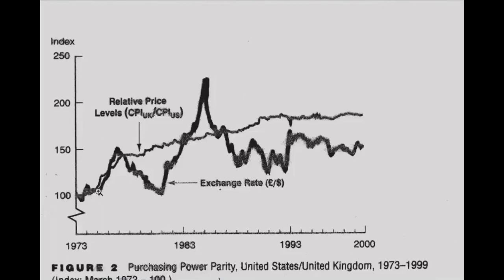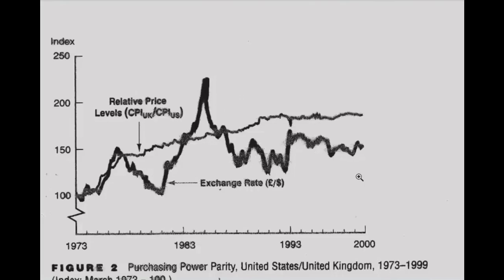So the thin line, which doesn't move around much, is the constructed predicted exchange rate that's based only on differences in inflation between the UK and the US, starting out in 1973. And the other one, the thicker line, is the actual exchange rate between the United States dollar and the pound sterling.